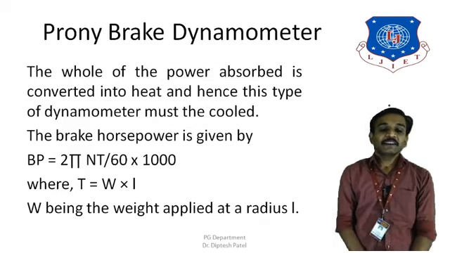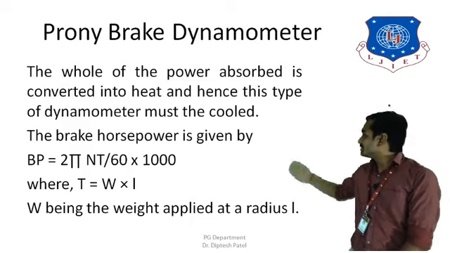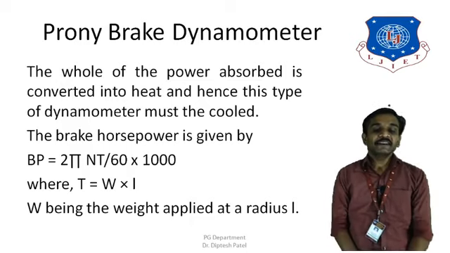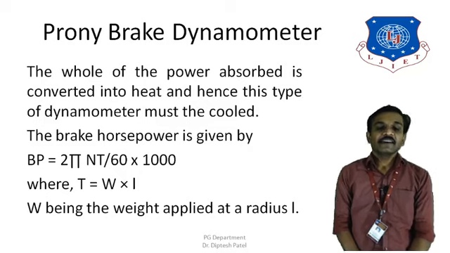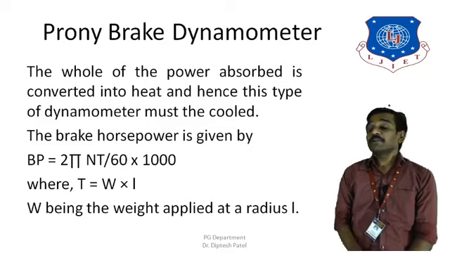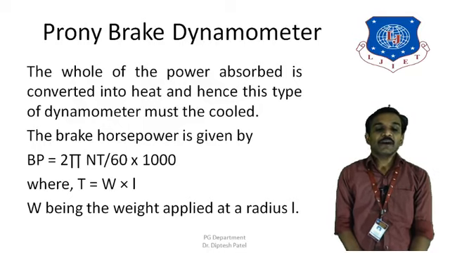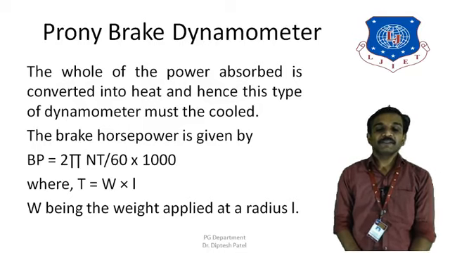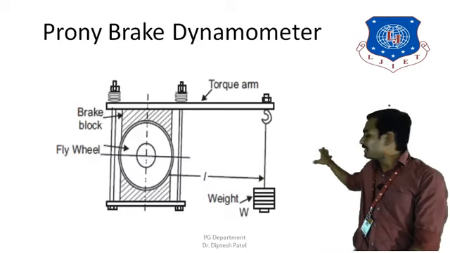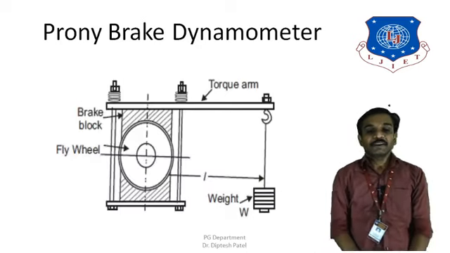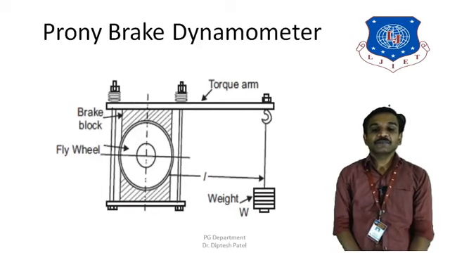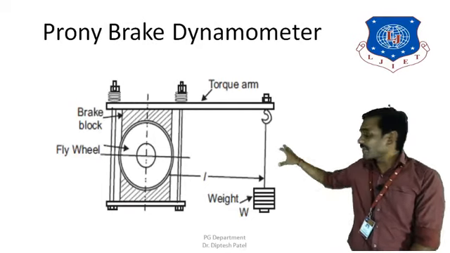Now once we have this experiment, we can calculate the brake power by using this formula. It says 2 pi N T divided by 60,000, and that formula gives us the value of the brake power in kilowatts. Here, N is the number of revolutions per minute, while T is the torque, and that is equal to W into l, where W is the weight applied at one end of the Prony brake dynamometer, and l is the distance from the center of the flywheel to the weight.